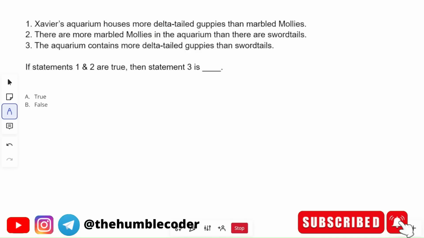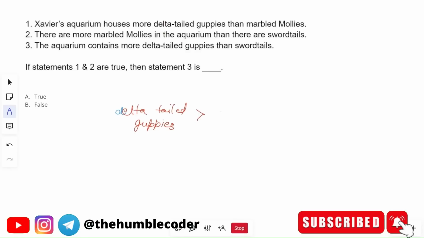So see how to solve this question. First of all, let's again read one by one statement and note down the data. First statement is saying that Xavier's aquarium houses more delta-tailed guppies than marbled mollies, right? So let me write few things here. So more delta-tailed guppies, okay.